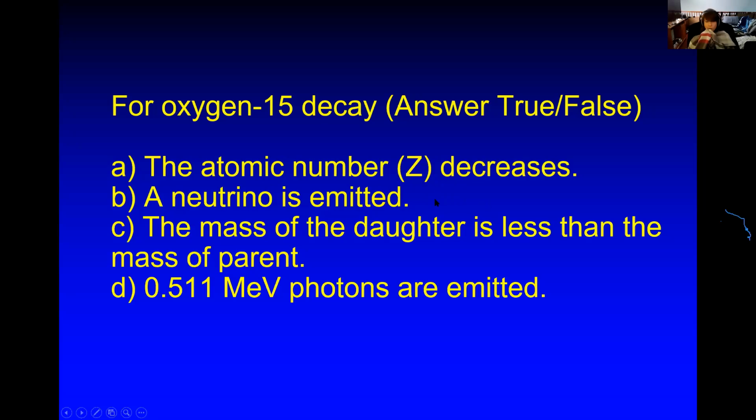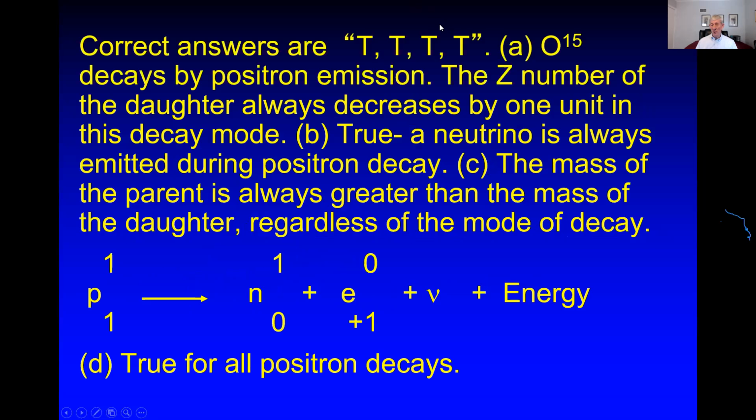True. It's positron decay. The mass of the daughter is less than the mass of the parent. True. That's always true. 511 keV photons are emitted. That's true. So guess what? They're all true.